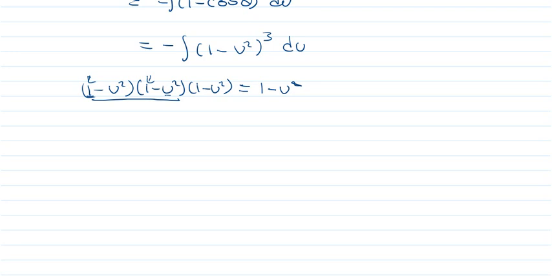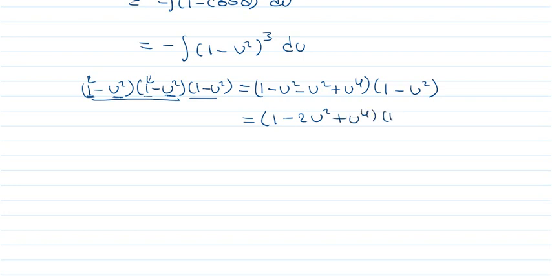Then negative u squared multiplied by 1 is going to give me negative u squared. Negative u squared multiplied by negative u squared is going to give me positive u power 4. Then everything multiplied by this last one, which is 1 minus u squared. With this, we can say this is equal to, simplifying the inside, we have 1 minus 2u squared plus u power 4 multiplied by 1 minus u squared, like that.